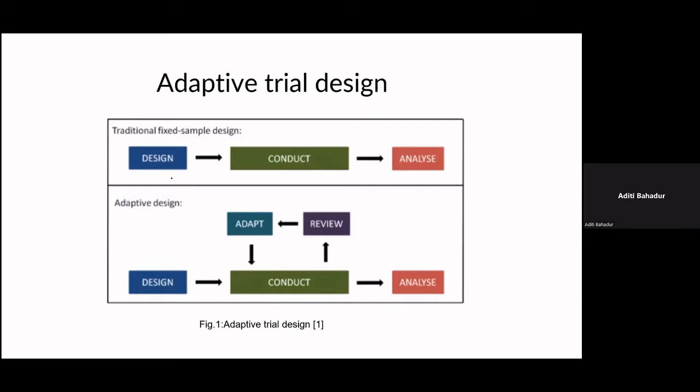In certain cases the adaptive trial is beneficial, and clinical research in general is moving towards adaptive trial design because it allows more space for flexibility, and many times it saves a lot of cost and other resources.